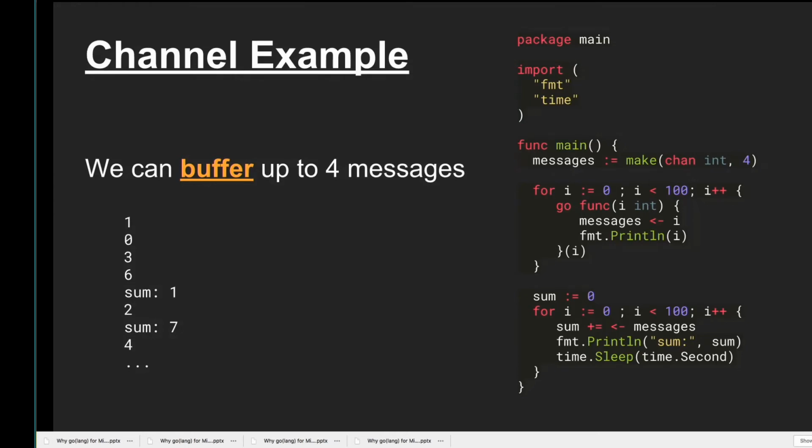We run this program. What happens is 4 of the goroutines get to write and then they exit. And then all the rest of the goroutines block. They block on messages send i to messages, because there's no more capacity in the buffered channel until this routine consumes them and finally frees up the channel to have more messages put into it.